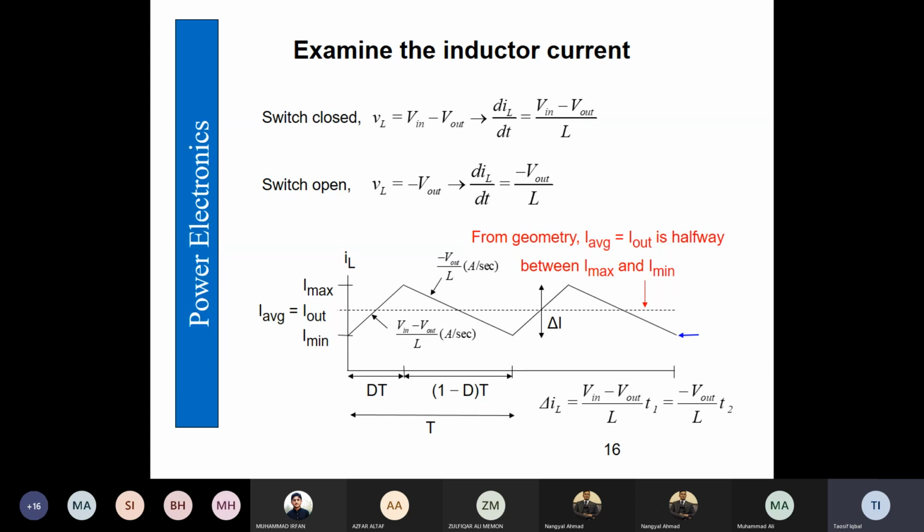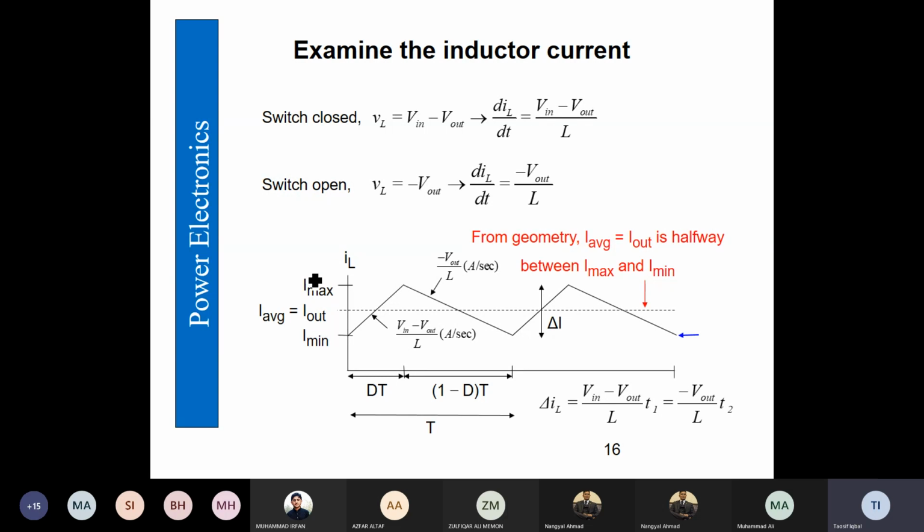If we want to find out the capacitor current, it is embedded in this waveform. If we want to find out the DC current, it is in this waveform. So every component current is included in this waveform. Okay, so we'll discuss that in coming slides.